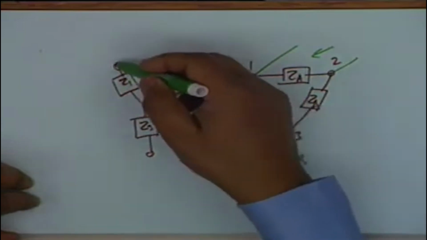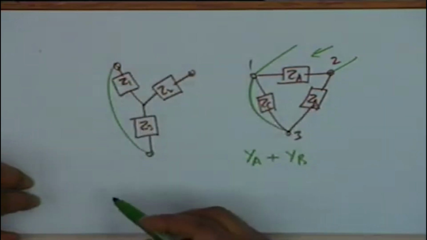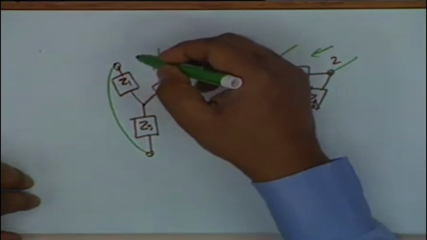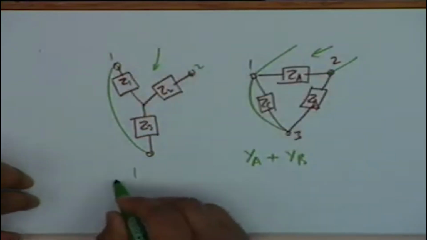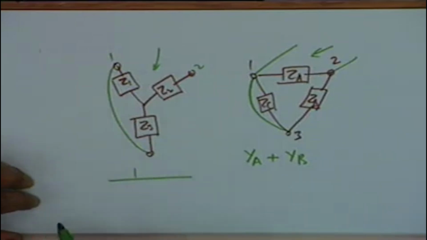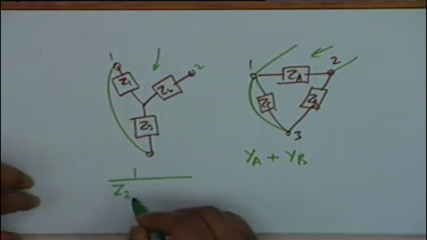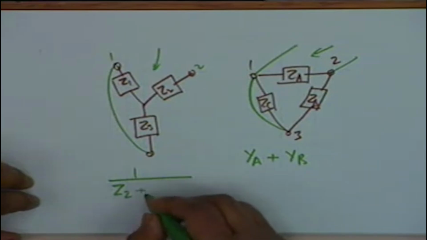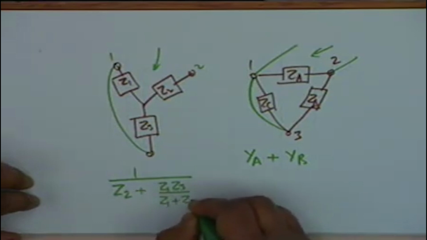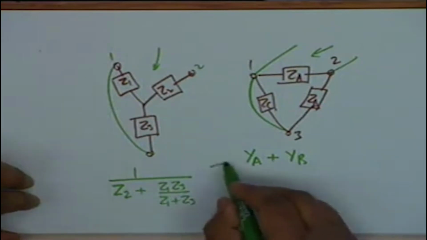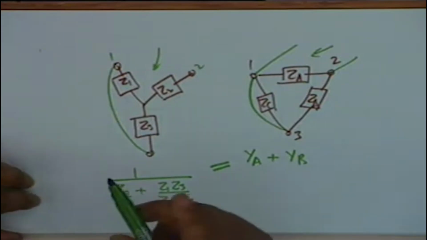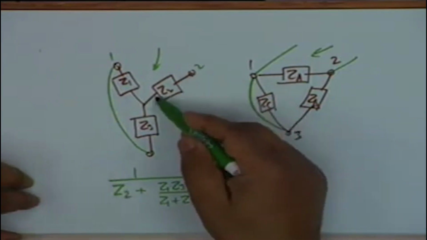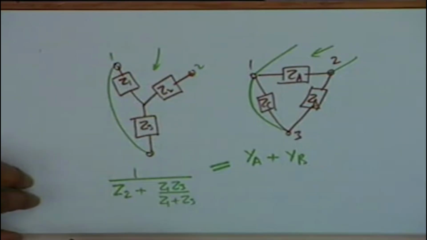Now we short circuit 1 to 3 and measure the admittance between 1 and 2. What shall we get? We shall get 1 over the impedance. Impedance will be Z2 plus Z1 Z3 divided by Z1 plus Z3. Agreed? These two should be equal. I am finding this by inspection: Z2 plus the parallel combination of these two.